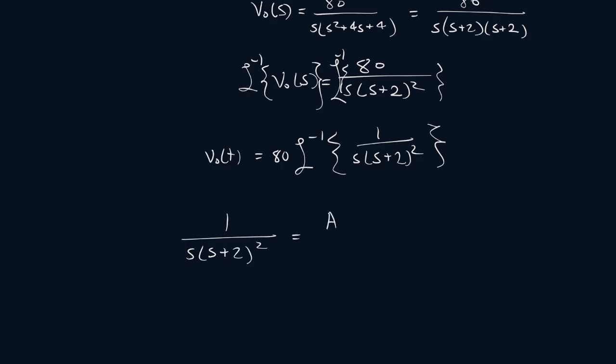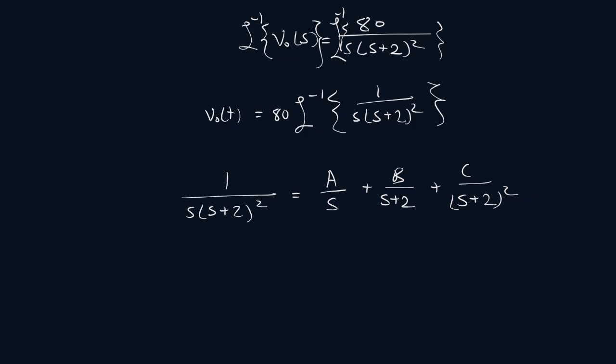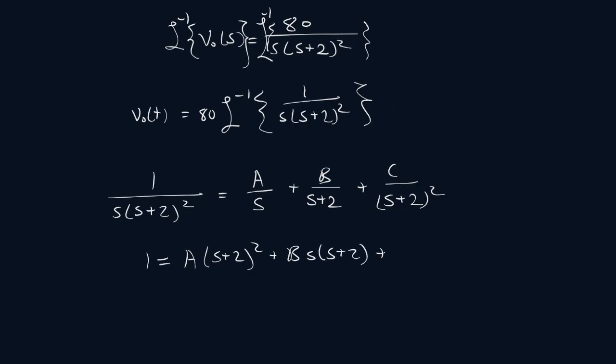This will be A over S plus B over S plus 2 plus C over (S plus 2) squared. We multiply everything by S times (S plus 2) squared. So you'll have 1 equals A(S plus 2) squared plus B S(S plus 2) plus C times S.